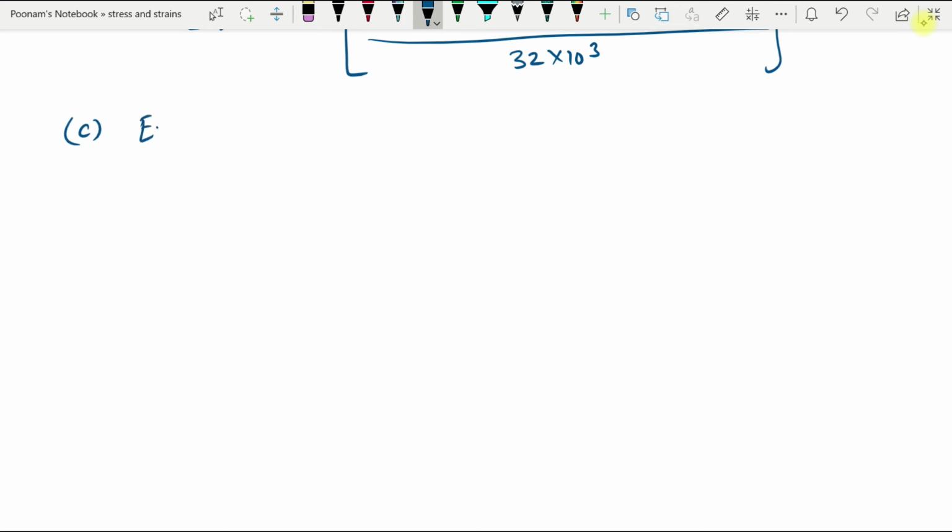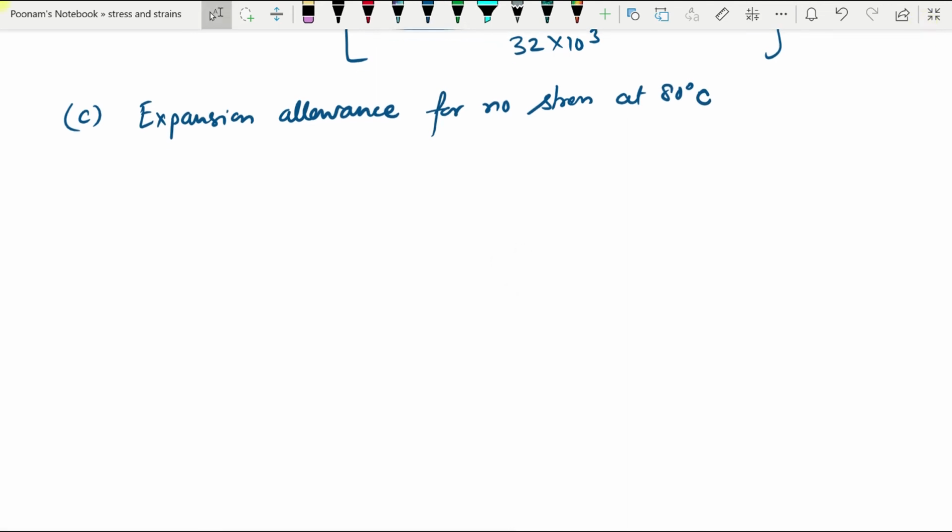So we need to calculate the expansion allowance for no stress at 80 degrees Celsius. That means stress should be equal to 0 at 80 degrees Celsius. So change in length, expansion allowance is nothing but change in length. Change in length is given by L alpha T. So we can calculate it.